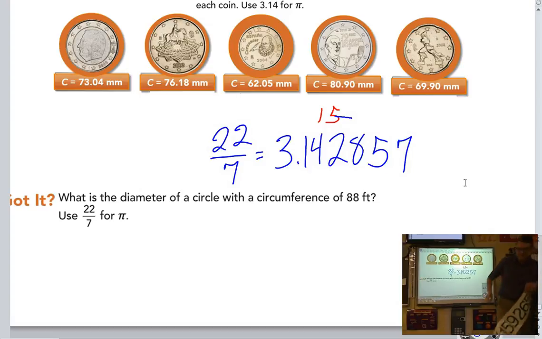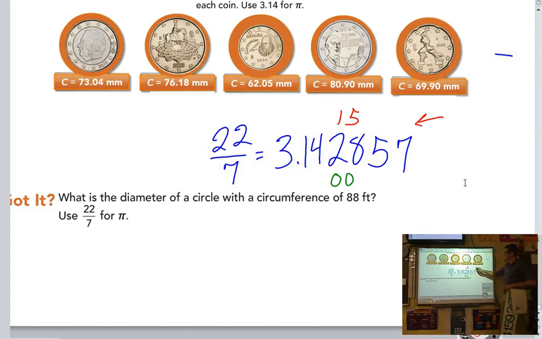Because if we just use 3.14, then there's zeros here. How far away is 3.1415 from the 28? How far is 15 away from 28? 13, right?